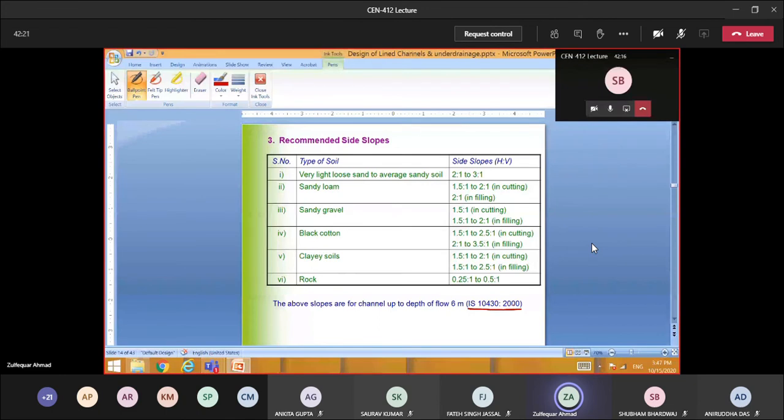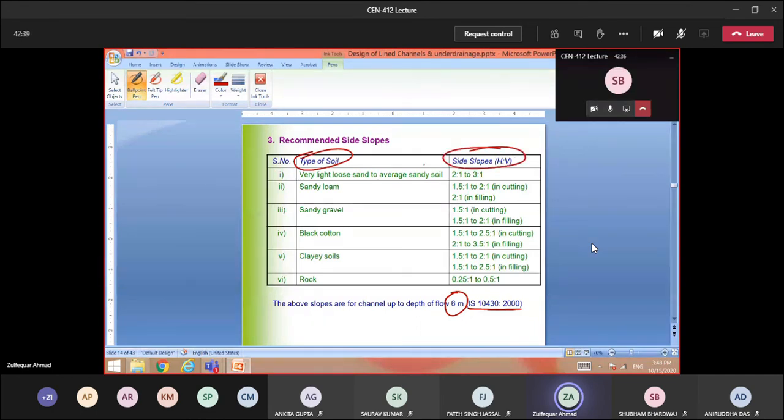In general, if the depth is more than 6 meters, the slope stability is checked. But here are some guidelines given on the basis of the type of soil, for what type of side slope we have to provide.